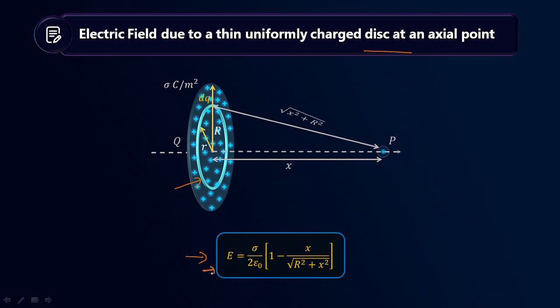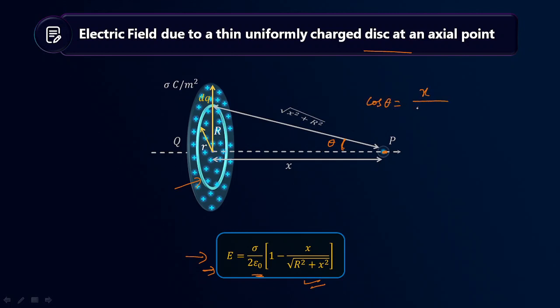So direct formula we can use, that is E equals sigma by 2 epsilon naught into 1 minus x by root under r square plus x square. Now you may say that this formula looks very odd, how should we remember? It's very simple, see here. At this point we want to find electric field. Suppose this angle we say is theta, right? So cos theta will be how much?